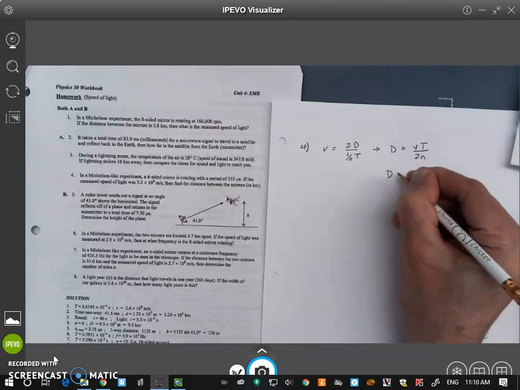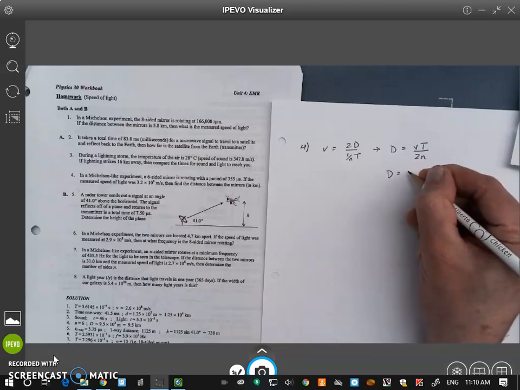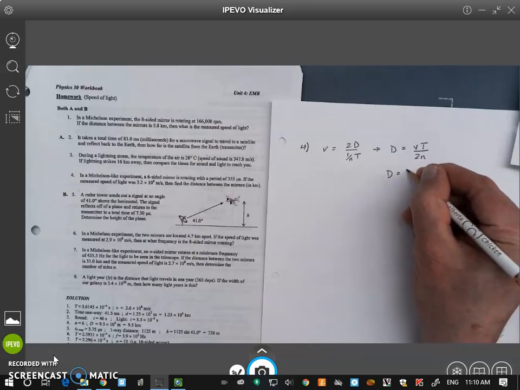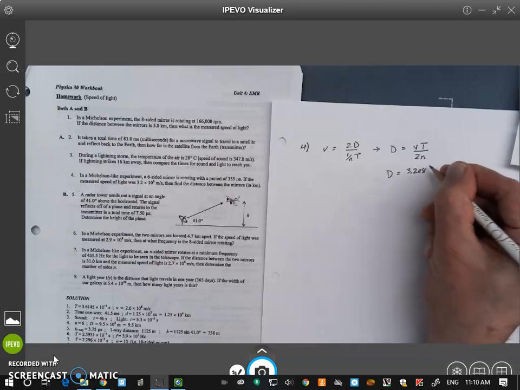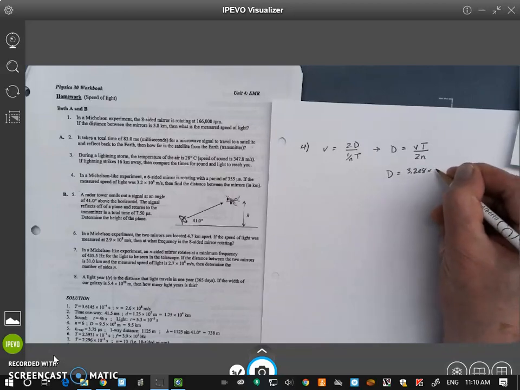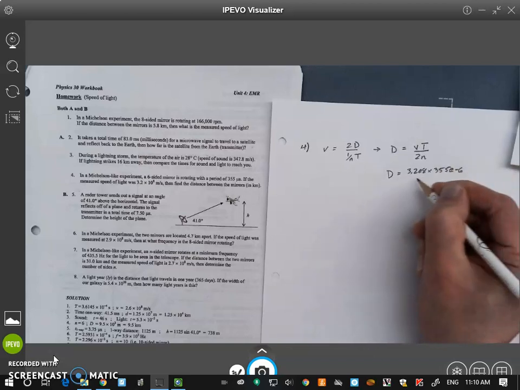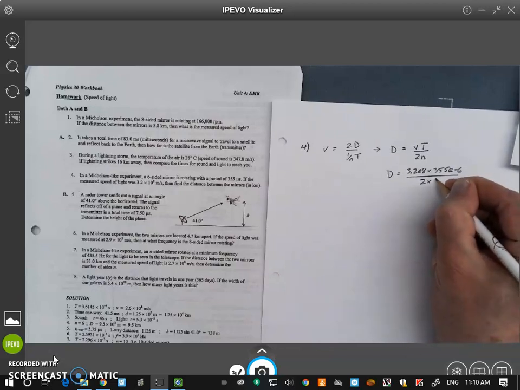Let's put in our values here. So we have the measured speed of light, which is 3.2e8, the time period, 355 microseconds. Divide that by 2 times 6.